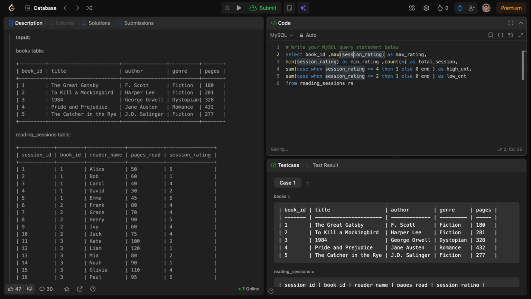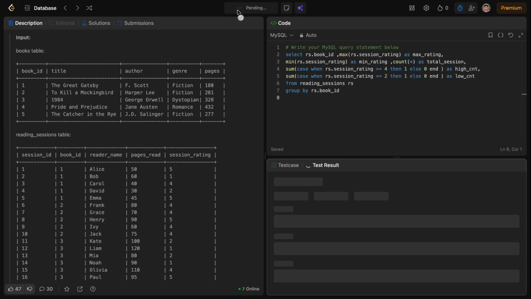So now we have to use rs dot everywhere we extract a column from the reading sessions table, and group by rs.book_id.